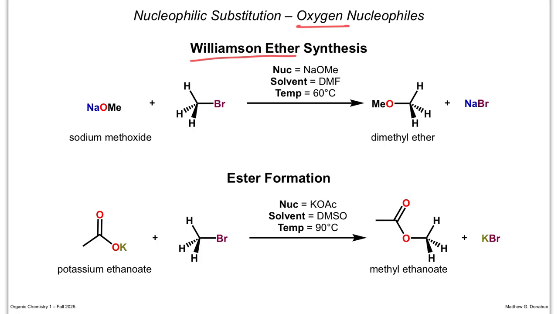So with the spectroscopy of ethers, there's nothing distinguishing about them, so they're really hard to figure out with IR, NMR, or that sort of thing.